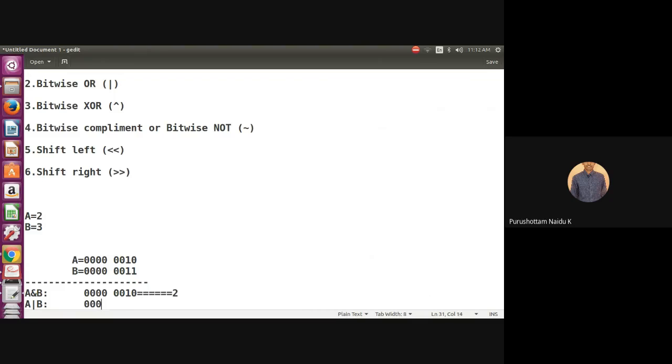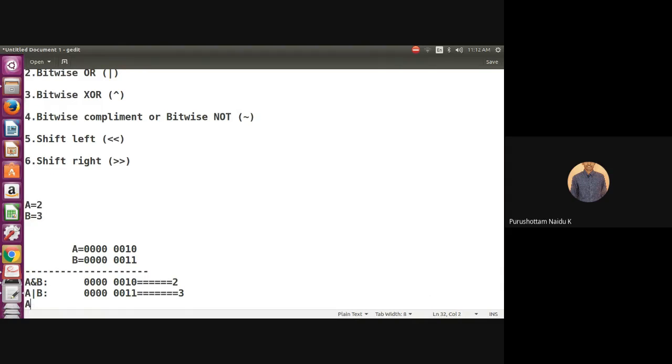So 0 0 0 0 0 0 and then 1 1 is 1, 0 1 is 1, which is equivalent to B. Now let's see bitwise XOR. According to the table, 0 1 or 1 0 is 1, otherwise 0. So 0 0 is 0, 1 1 is 0, and 0 1 is 1. That is equal to 1. That is bitwise XOR.